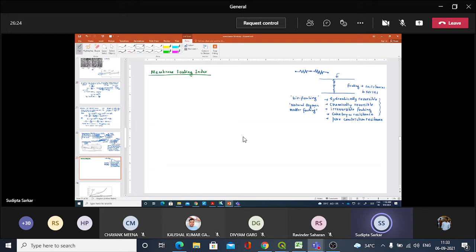That is why people have developed something called a fouling index. This is based on the resistance in series type of thing, but it doesn't include all these variations. It simply says there are two resistances.